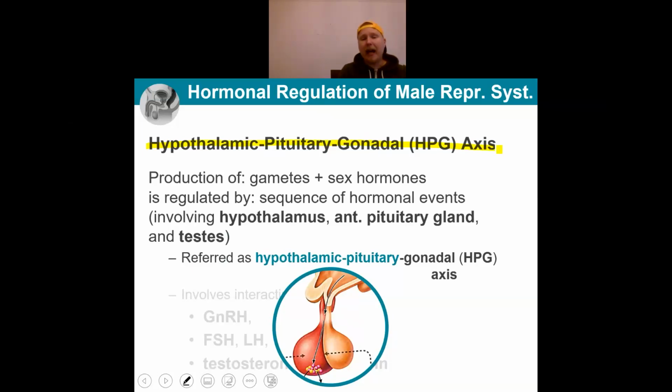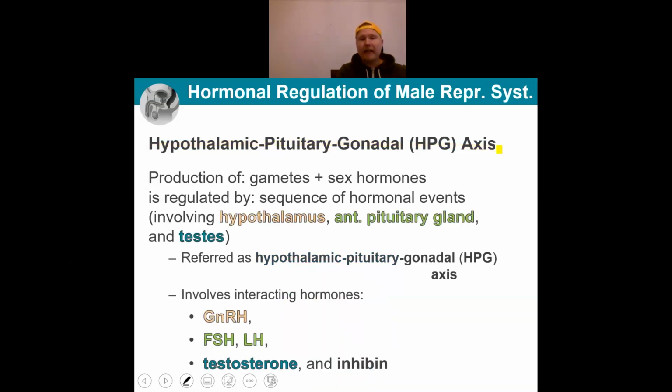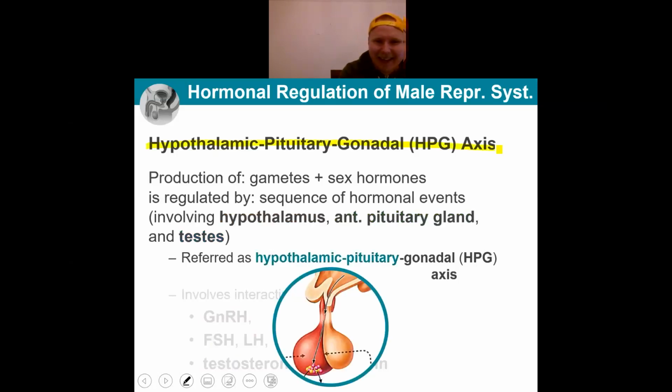And you remember the hypothalamus was divided into two lobes, and our hypothalamus was located underneath the thalamus, and underneath the hypothalamus that we see here, we have our two lobes of the pituitary gland. So we have our anterior and posterior lobe of the pituitary gland.